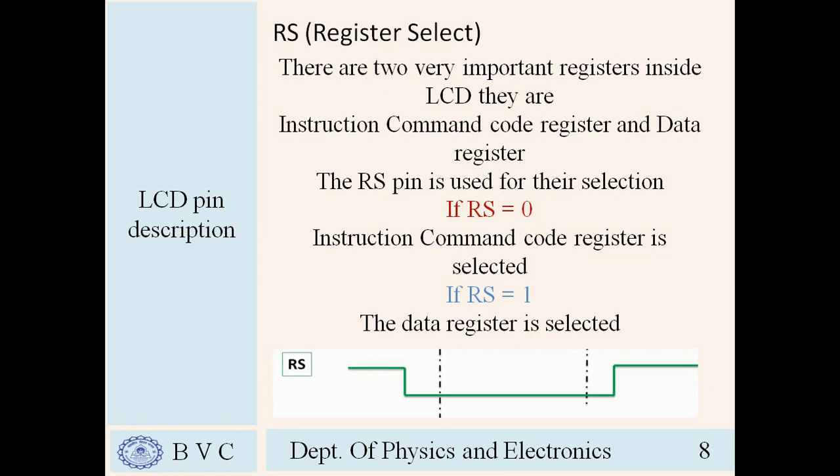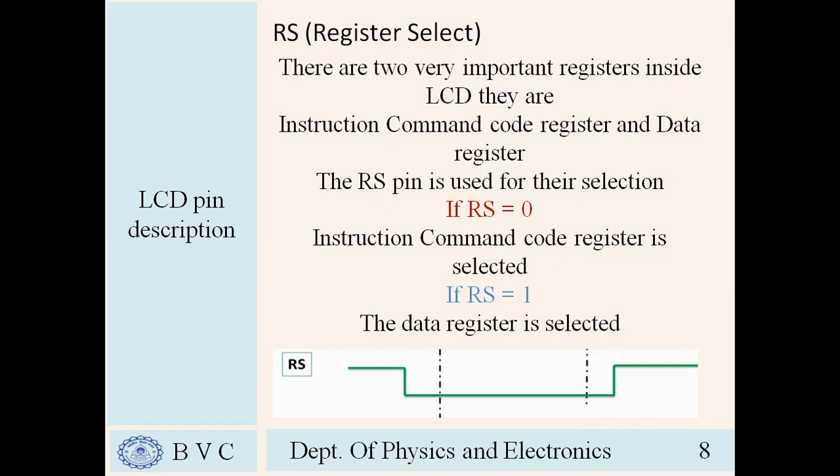Now, the foremost one is register select. The name itself suggests that we can select a register using this pin. Basically, there are two very important registers available inside the LCD: the instruction command code register, and the data register. We use the register select pin to select between them.